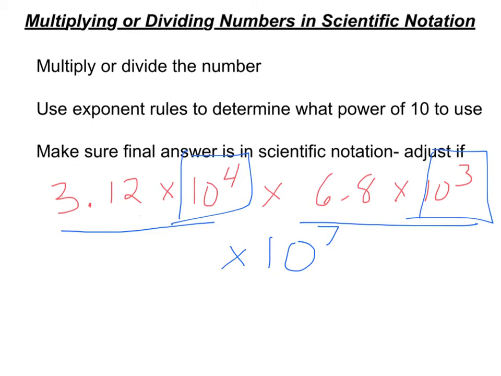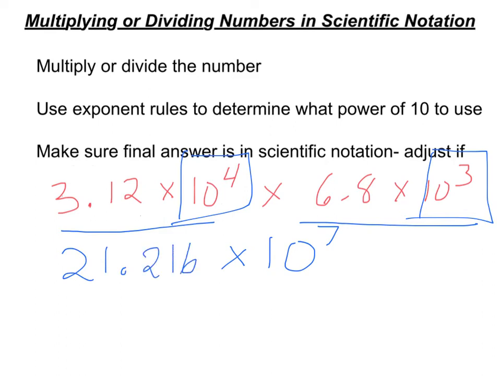And I'm just waiting for my calculator here to pull up. So 3.12 times 6.8 gives us an answer of 21.216 times 10 to the 7th.